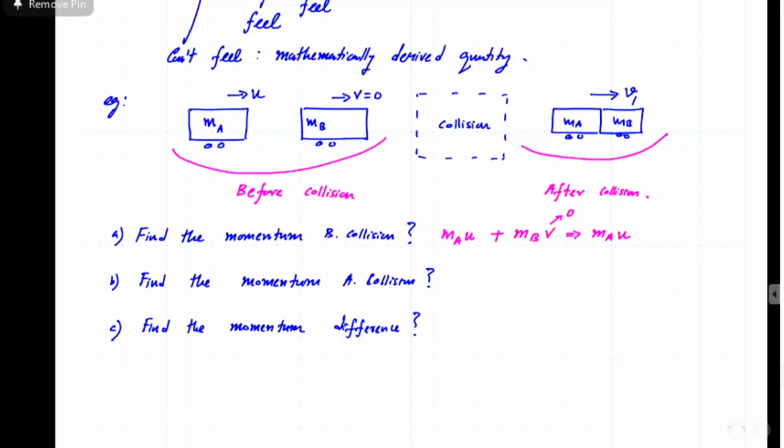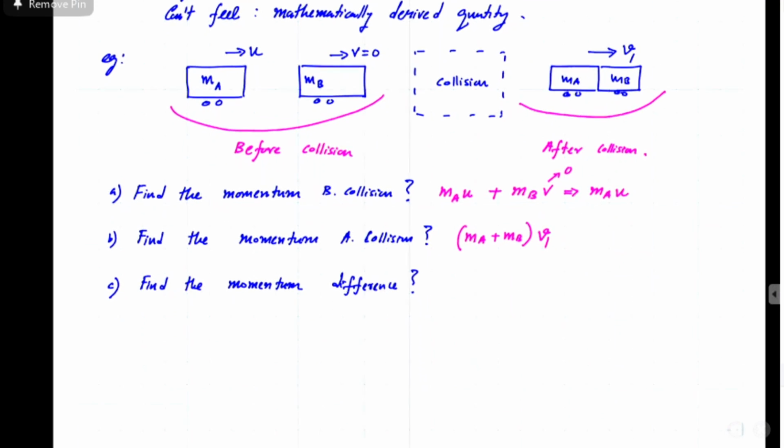Right? So find the momentum after collision. After collision, they stick to each other, yeah? So it's going to be MA plus MB, that's the total mass, stuck to each other, so V1. Right? So momentum difference. Momentum difference is delta P, we call it.